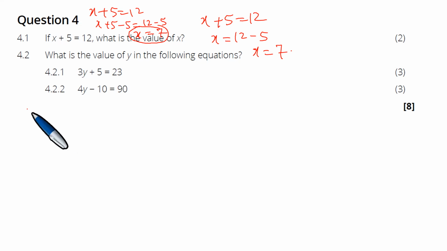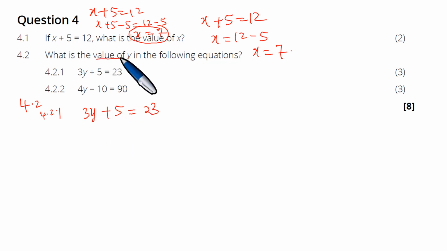That's okay. Right, so we're looking at 4.2 and then 4.2.1. We're given the question, which is 3y plus 5 is equal to 23, right? First things first, we need to remove the 5 because we want to get the value of y.